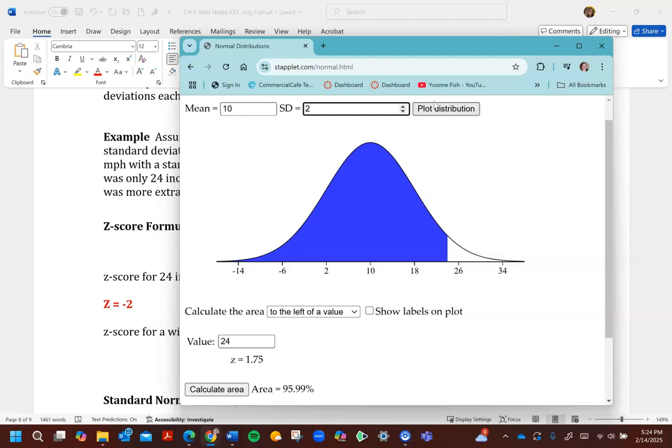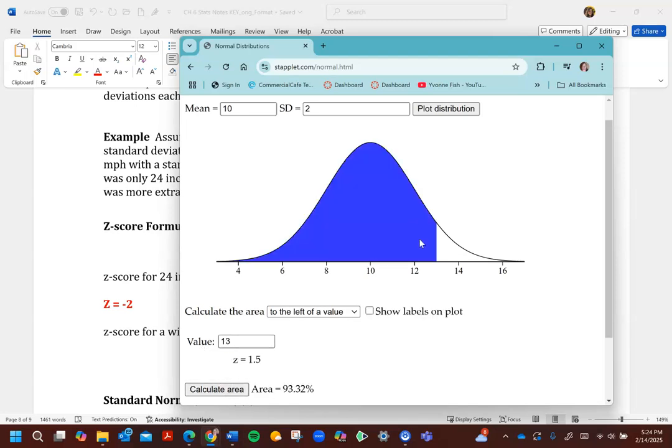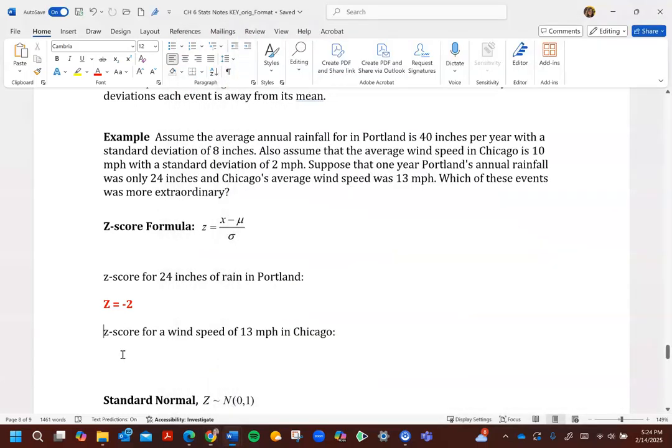So I'm going to go ahead and hit a new plot distribution there. So I have the Chicago data. And we're putting in 13 and calculate the area. And we still want the left of a value. And we have z equals 1.5. Area is 93.32%. So we can enter that right down here.